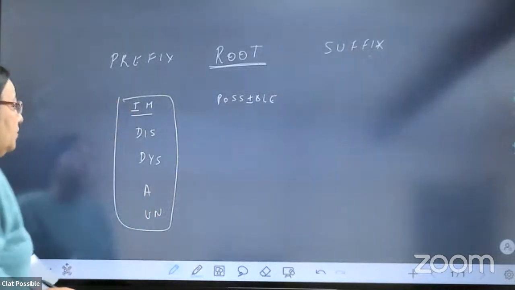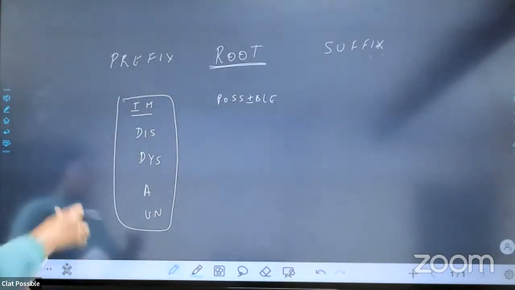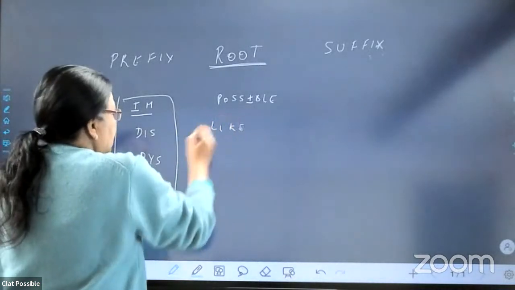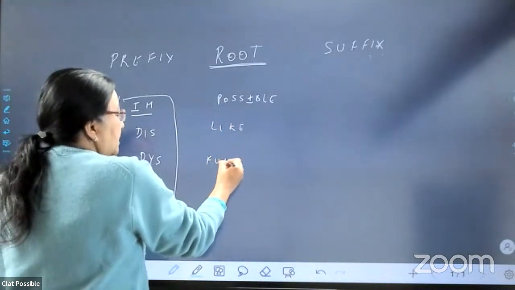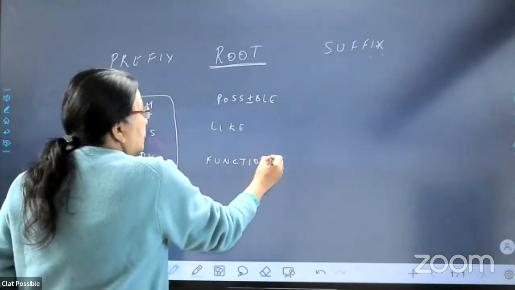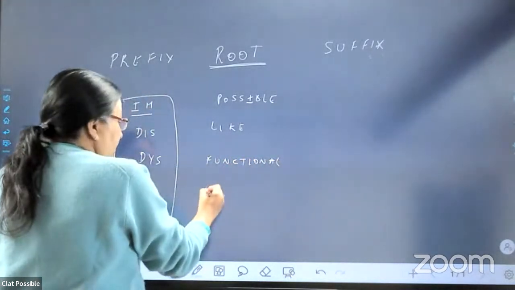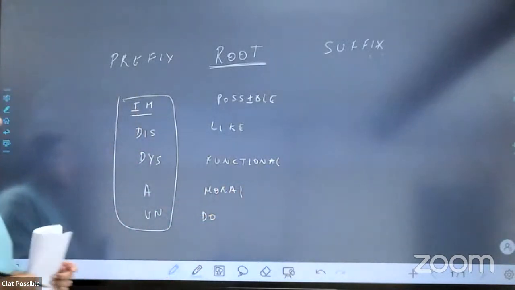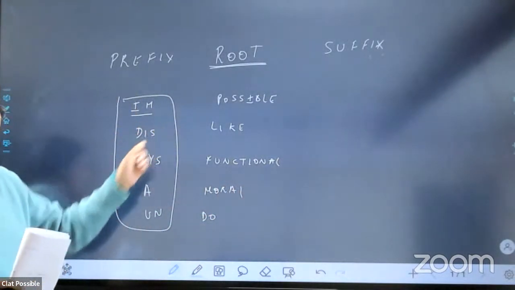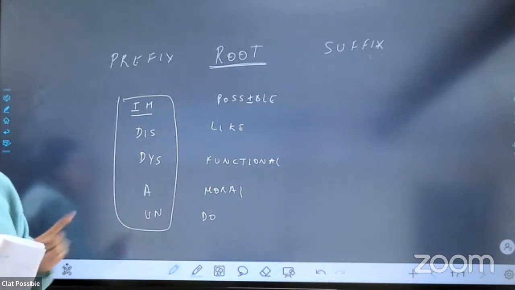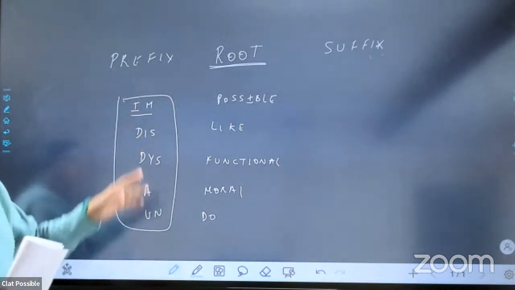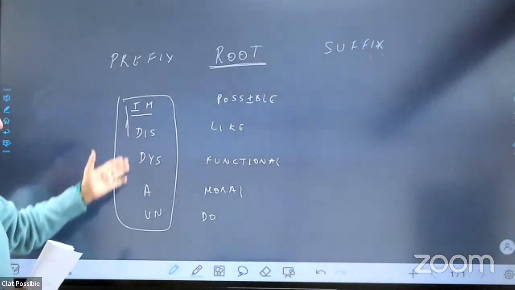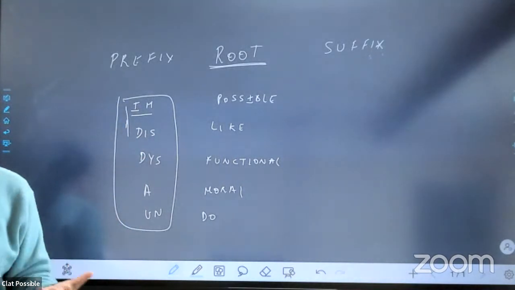When I add any of these to my base word, like dislike or disaster or dysfunctional, and then immoral, having no morals, or undo, can you see here? I've immediately turned all these words negative, like imperfect or dislike or dishonor, distaste. So prefixes will give connotations to words.